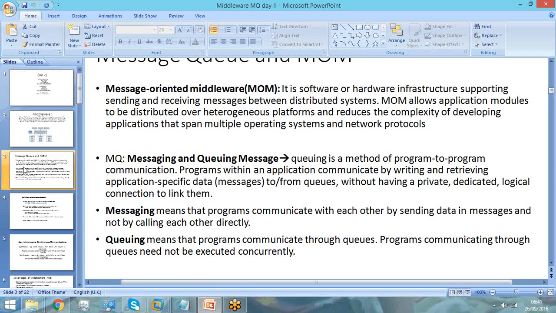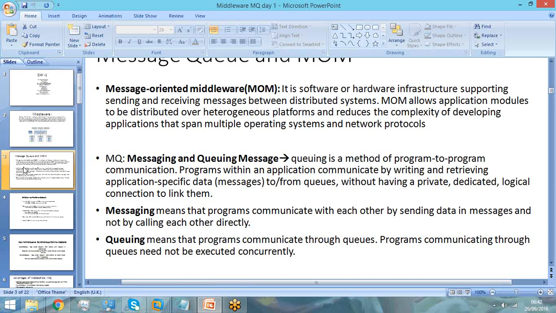When I say they are communicating between different applications, it is also necessary to know that this can be done on multiple OS platforms.